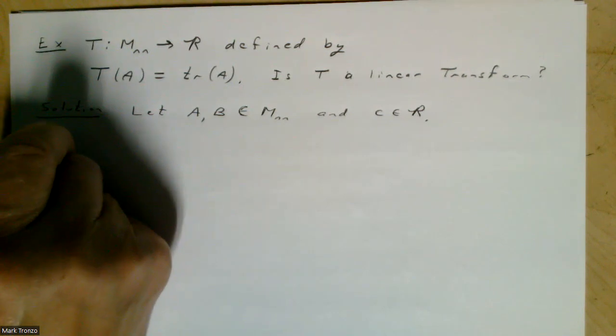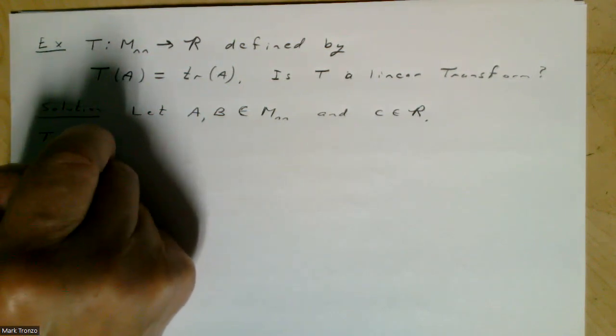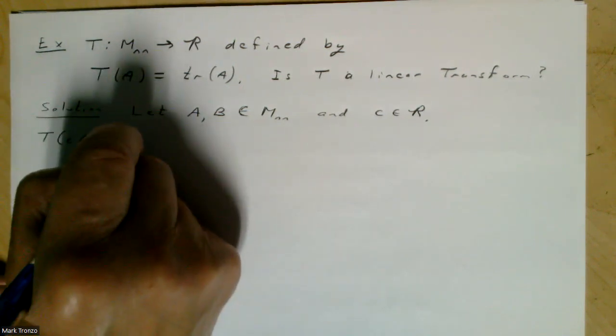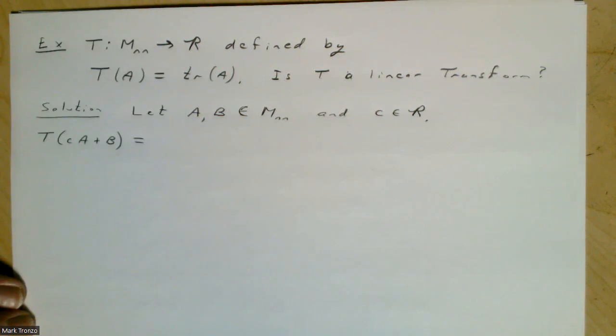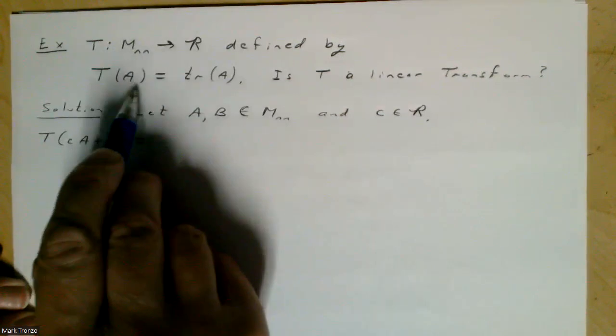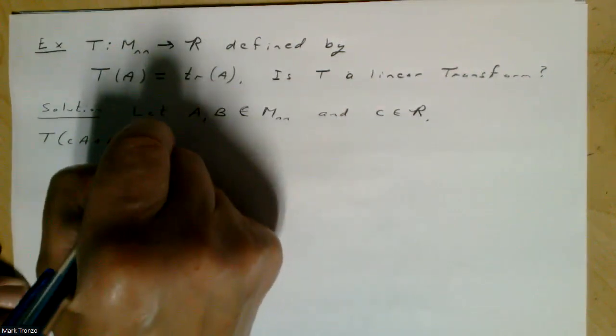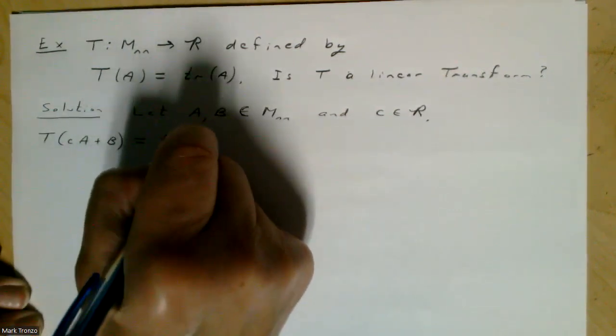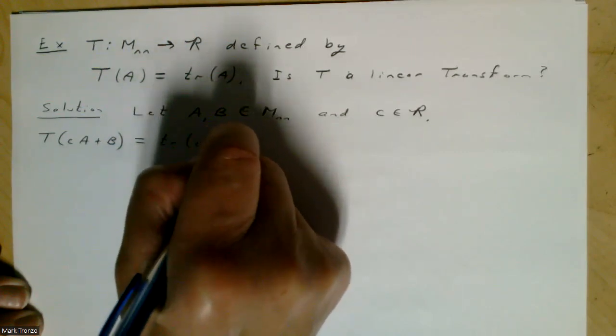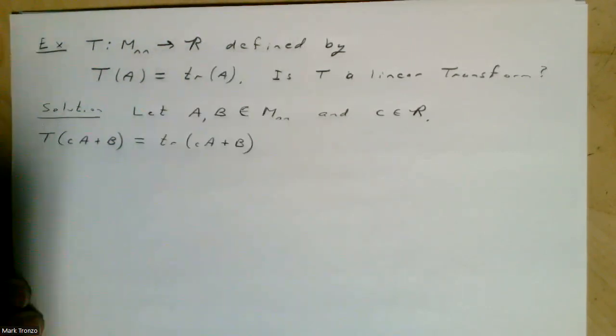Then let's try this, cA plus B, and see what we get here. So according to our definition, we want the trace of cA plus B.